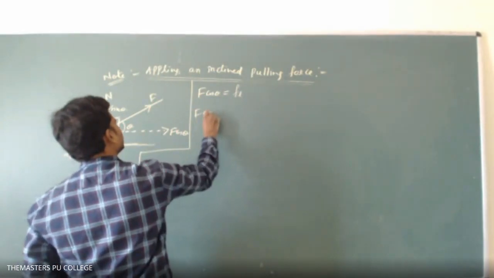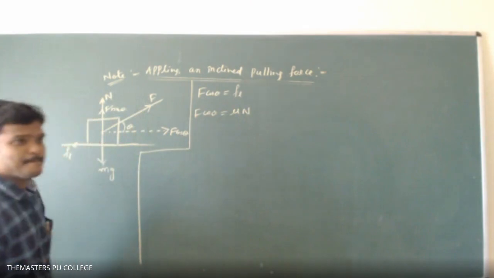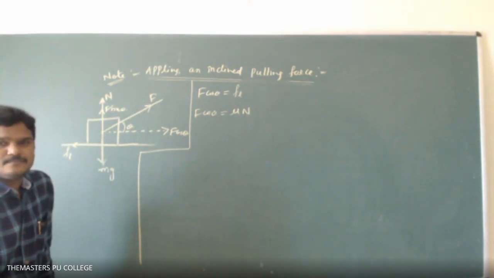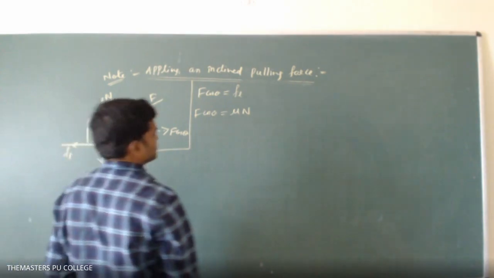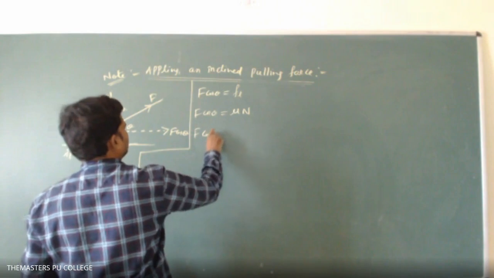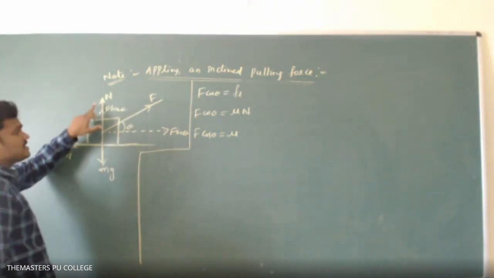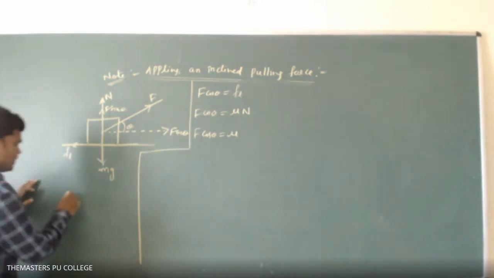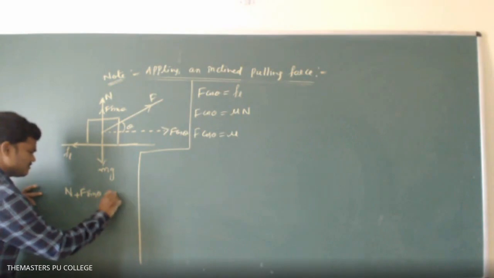Okay, then write the steps along with me now, everyone. Speed up the steps. Don't waste much time. You continue the steps along with me. F cos theta equals mu N. What is N actually? N plus F sin theta is going to be balanced by mg.